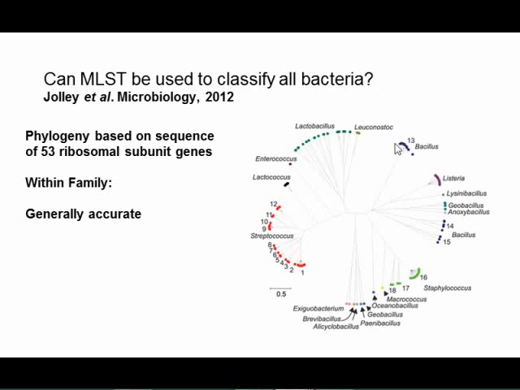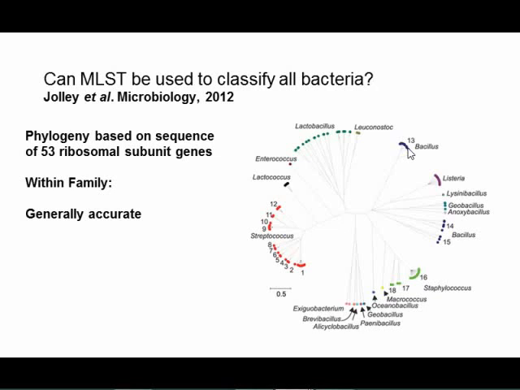And what you can see is it's working pretty well, okay, because all the Bacillus species form a cluster. The Listeria species form a cluster. Staphylococcus, they form a cluster. Streptococcus, they form a cluster. But look, what's happening here? This is a bit wrong, isn't it? Got some Bacillus here, some Bacillus over there.